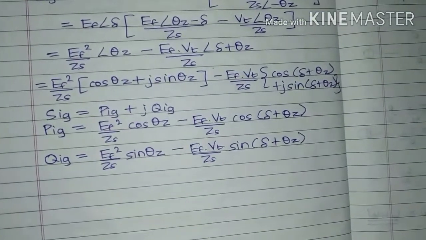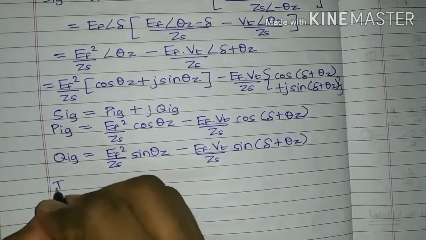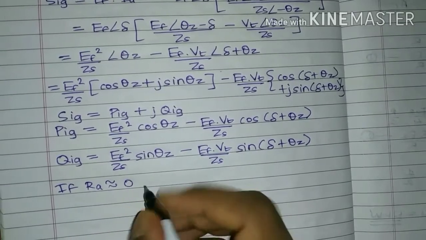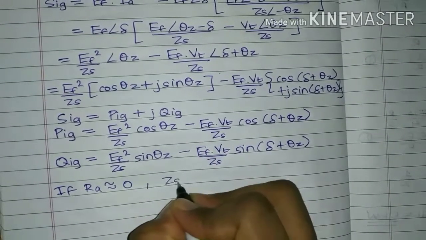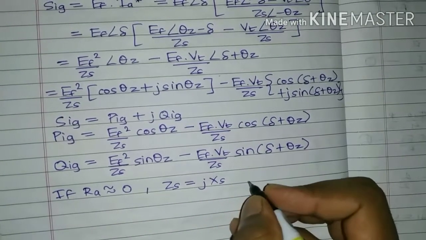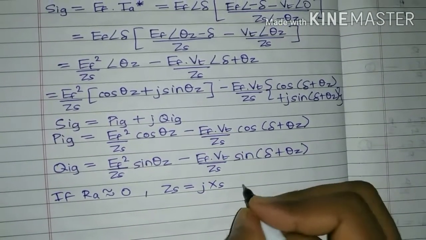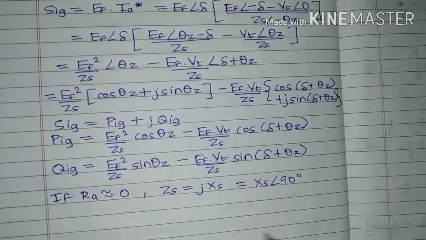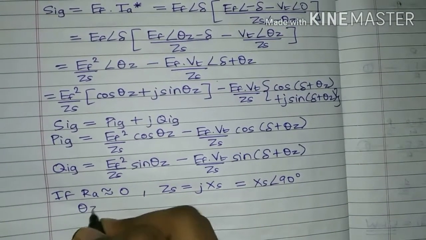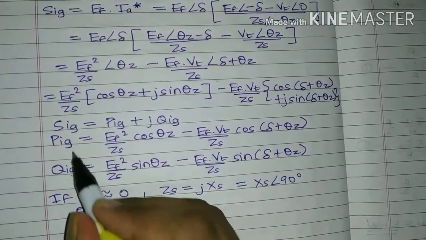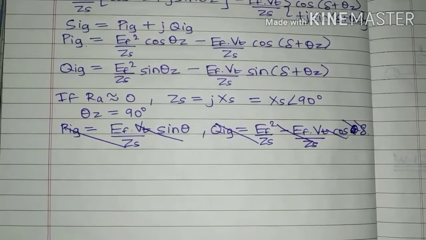Now if we assume the armature resistance to be approximately 0, that is Ra is approximately 0, then ZS will be equal to jXS, which is XS angle 90 degree. So we can say that θZ is equal to 90 degree. Now let's put θZ in the equation of the real power, that is PIG.